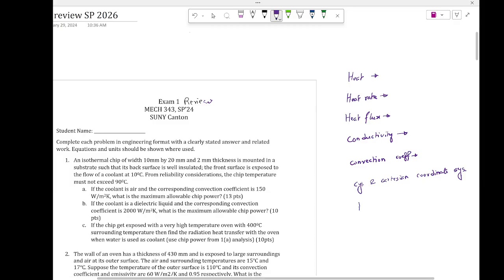Then we also learned heat rate per unit length.